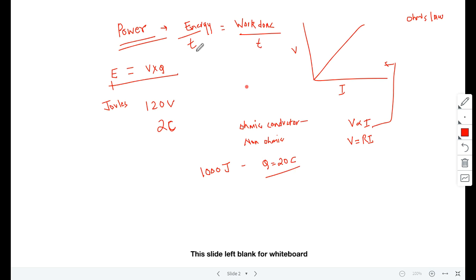Now, if we put the same formula in power, so power is what? Energy over time. And what's the formula of energy transferred in an electrical circuit?